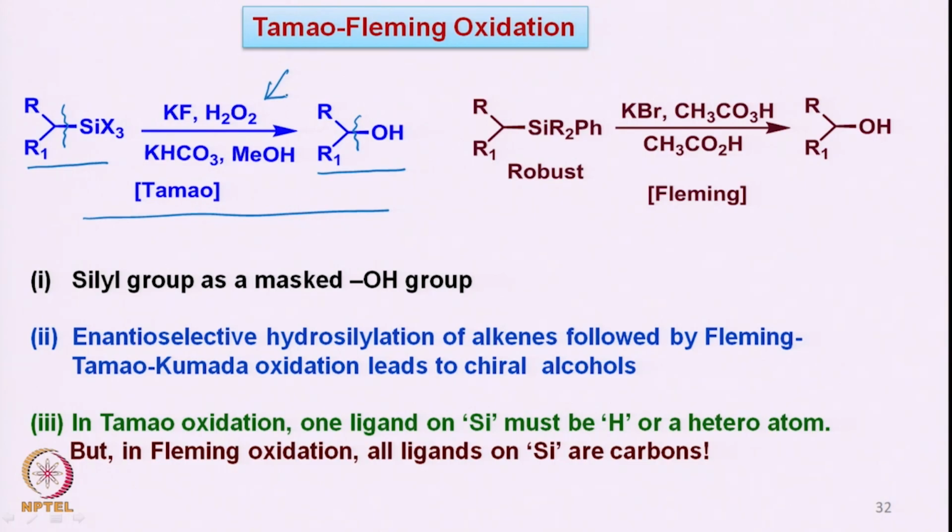At the same time, Fleming introduced a somewhat robust silicon based substrate where there are only carbon based groups attached on the silicon, and this, in the presence of potassium bromide and peracetic acid in acetic acid medium, allows the conversion of this type of substrate to the corresponding alcohol.